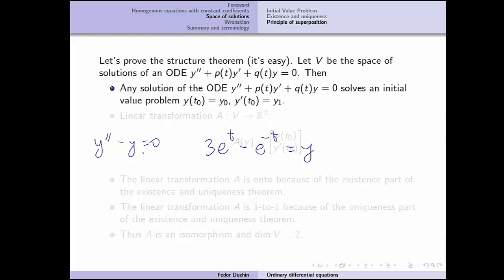Some specific solution, and suppose that the initial value of t is, say, I don't know, 27.